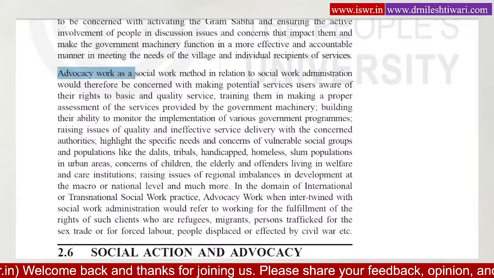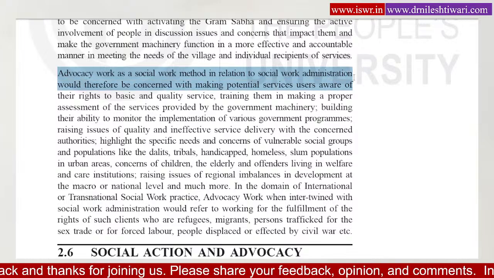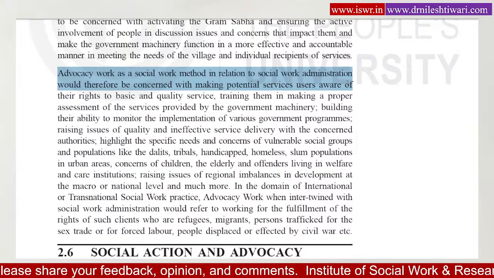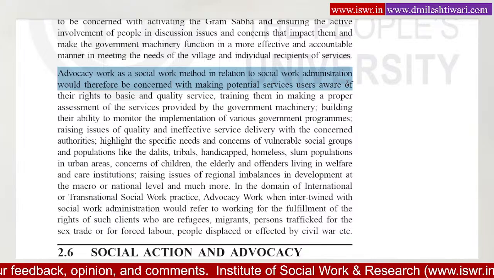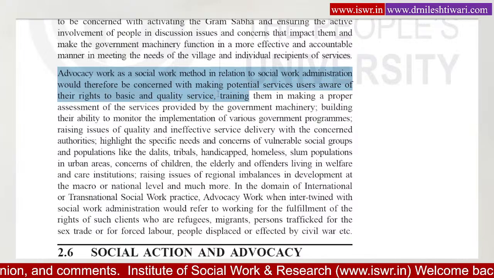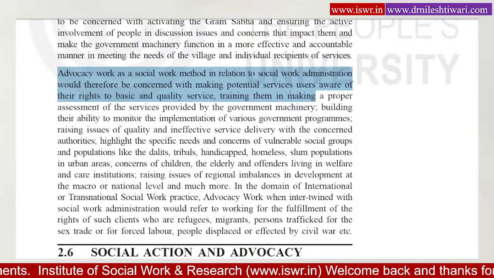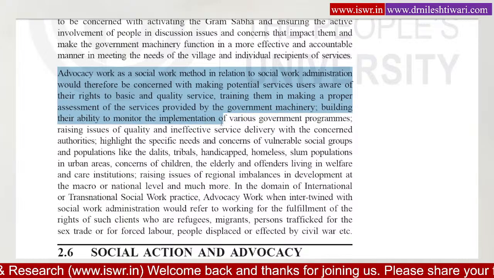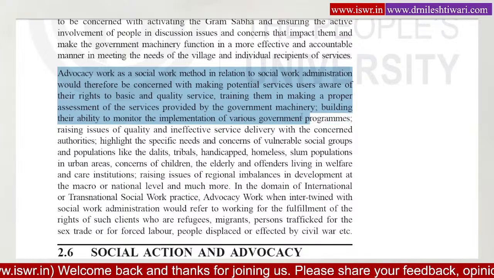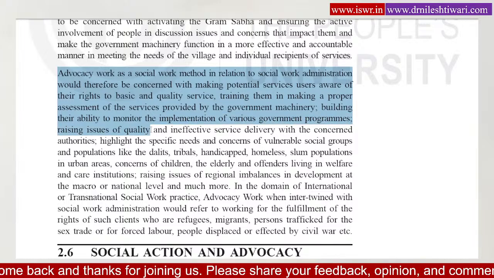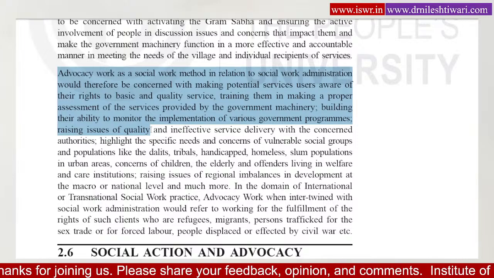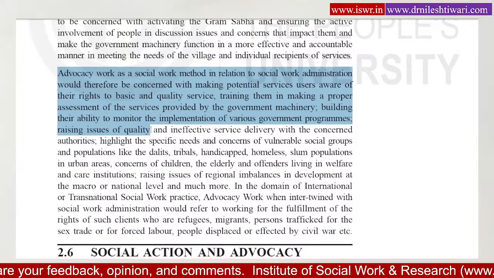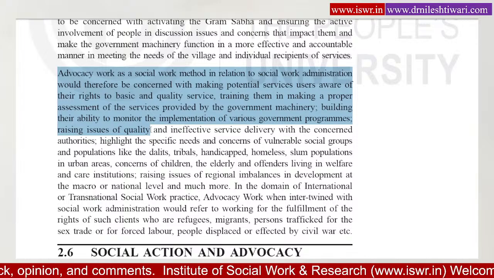So advocacy work as a social work method in relation to social work administration, therefore, is concerned with making potential service users aware of their rights to basic and quality services, training them in making a proper assessment of services provided by the government machinery, building their ability to monitor the implementation of various government programs, raising issues of quality that this road, this hospital, this primary health center, whatever is there, the social infrastructures, public infrastructures are of not good quality.